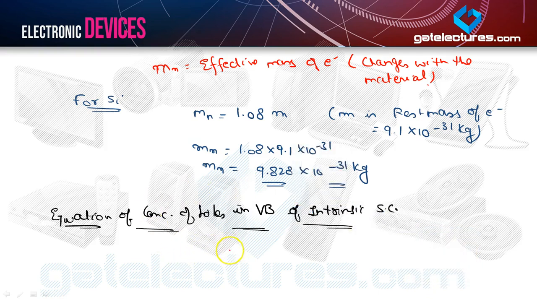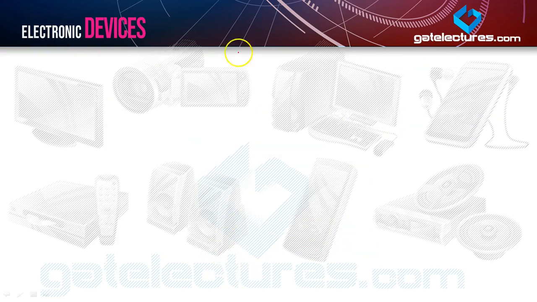So the energy of holes, as discussed earlier, resides between minus infinity and EV, because they are always present in the valence band. And the hole concentration formula is p equals Nv e to the power minus (EF minus EV) upon kT. This expression is also important.